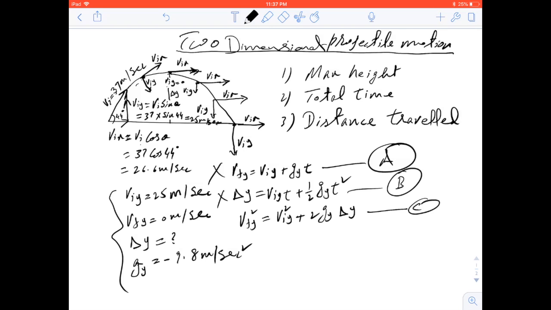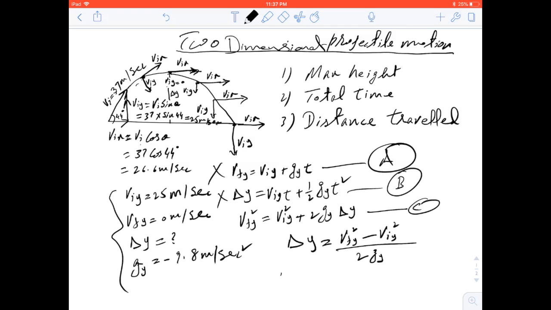So we can isolate delta y, which is equal to Vfy squared minus Viy squared divided by 2gy.